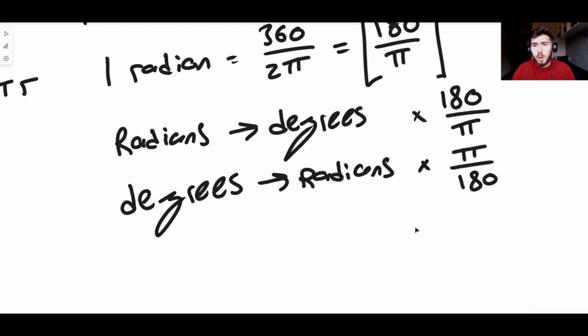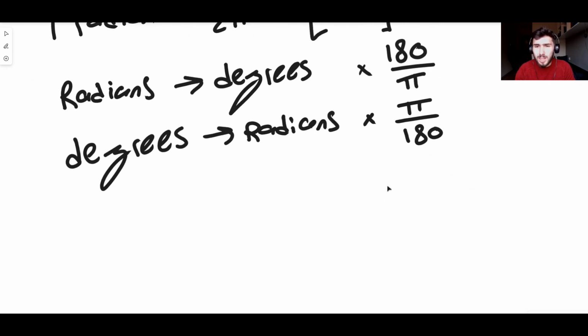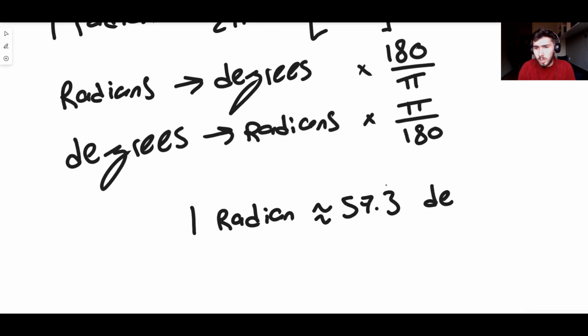Now, 180 over pi, I believe it's something like 57, so I'm just going to check that now. Yeah, so roughly, as a decimal, 1 radian is roughly 57.3 degrees. So a radian is a much larger angle than a degree. It's about 57.3 times as big.